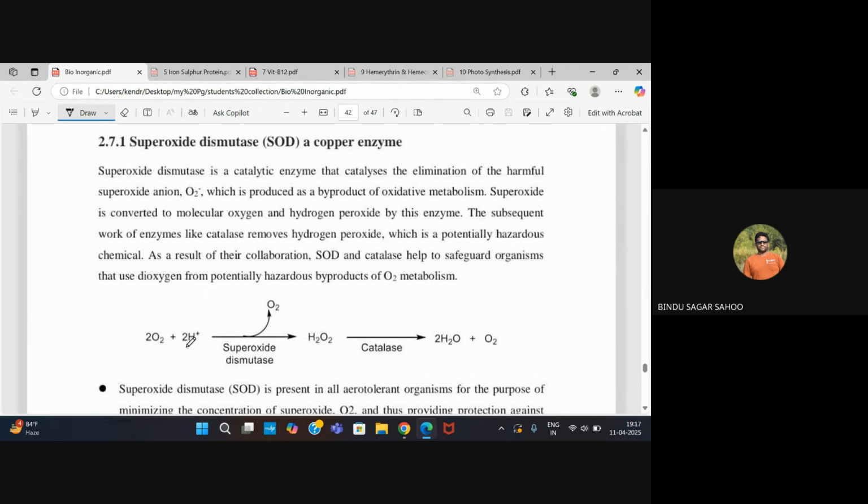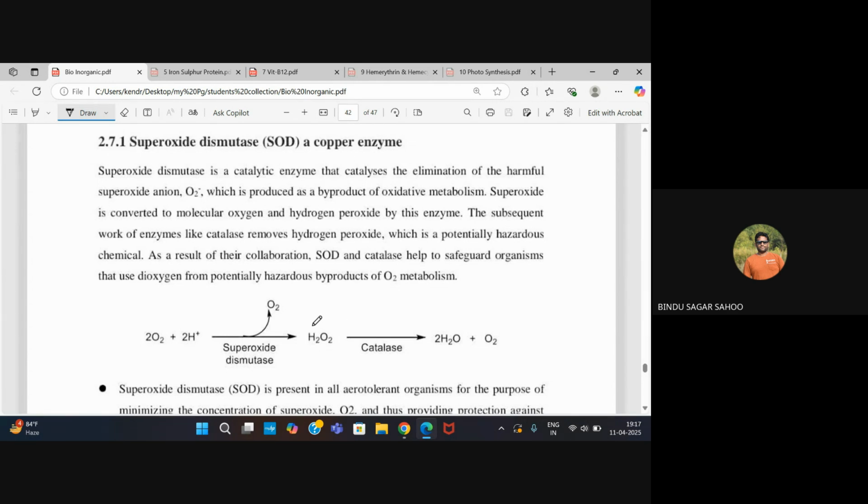You can see this first step is catalyzed by the superoxide dismutase enzyme. So in the first step, it is forming hydrogen peroxide.